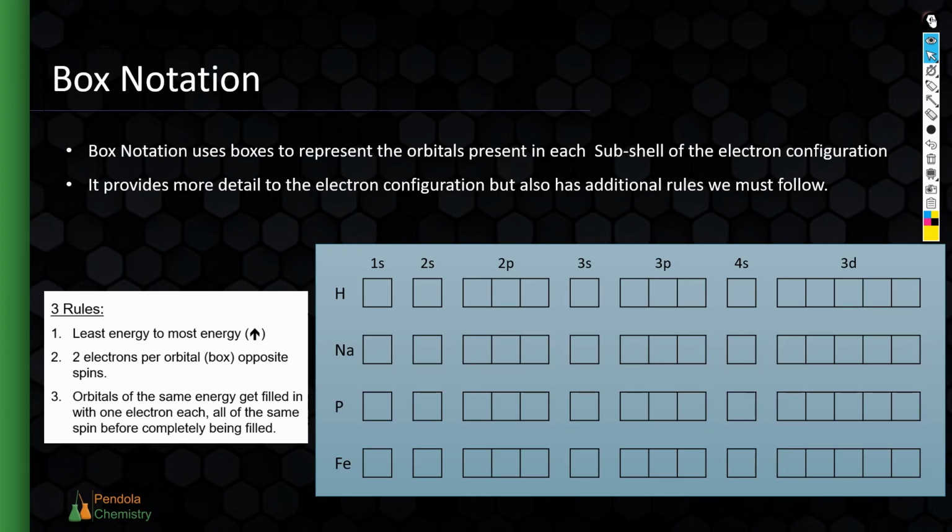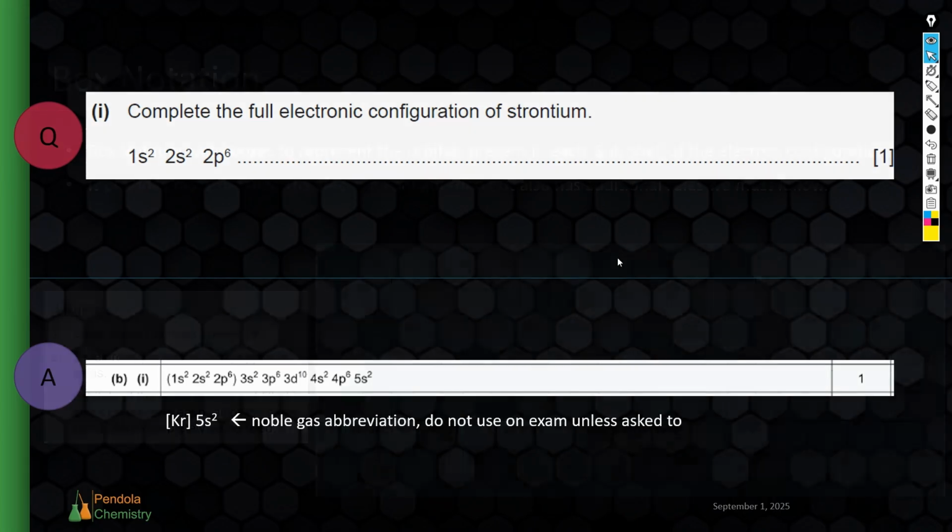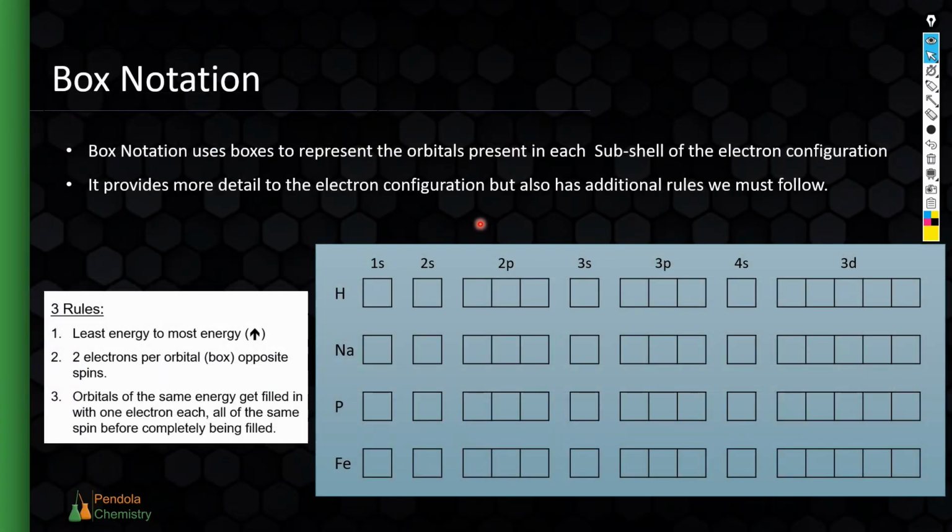Because it involves the orbitals. When we were looking at the electron configuration, notice that we do not talk about the orbitals. We have the energy level, which is represented by the number, and the sublevel, which is represented by the letter. What we don't have is the orbitals.